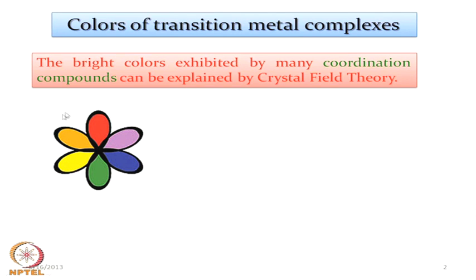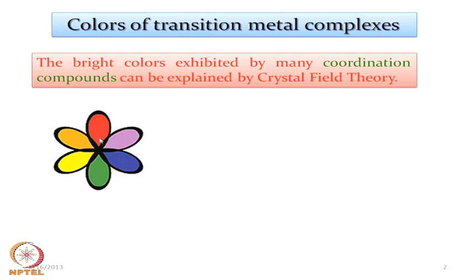For the entire visible spectrum, we always know it is VIBGYOR. We have 7 colors, but for even distribution, if we distribute them as violet, blue, green, yellow, orange and red, we have a useful color circle.